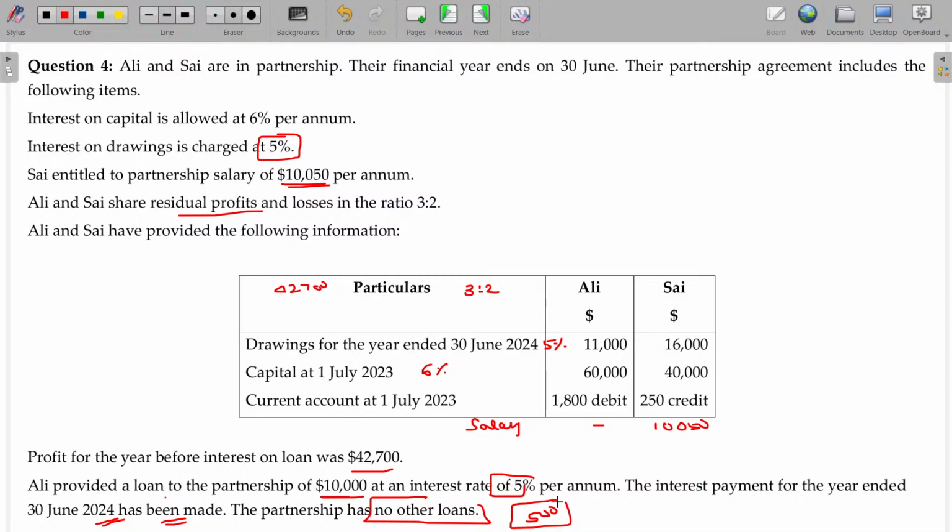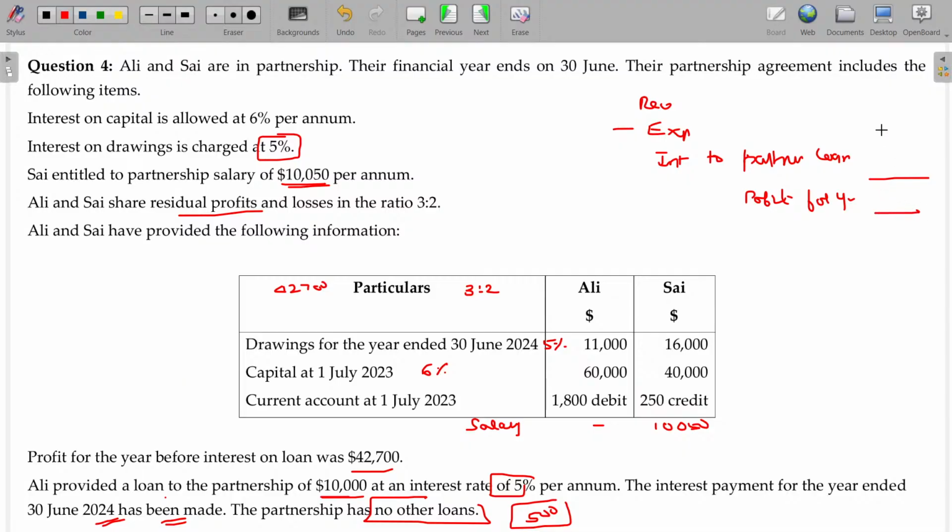So the interest payment to Ali will be considered as a charge, meaning expenses, to be subtracted in the income statement, not appropriation. If you prepare an income statement, revenue minus expenses, in those expenses interest on partner's loan will also be subtracted. After that, the value you get is the profit for the year. Is that okay?